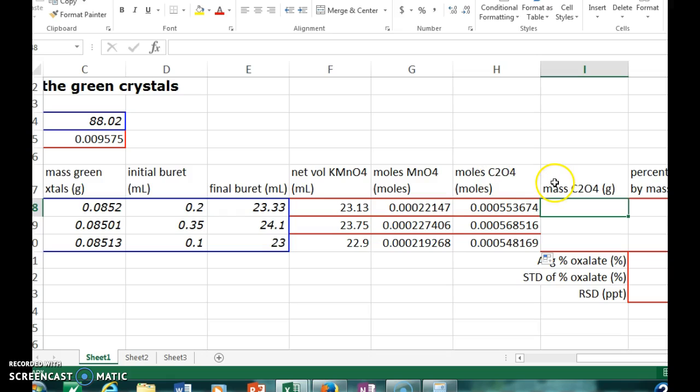Mass of oxalate. You have moles, you've got to find mass. Simple conversion. Moles to mass, multiply by molar mass. So equals moles times molar mass, enter. Click and, oops, drag. Okay, sig figs. This has 4 sig figs.